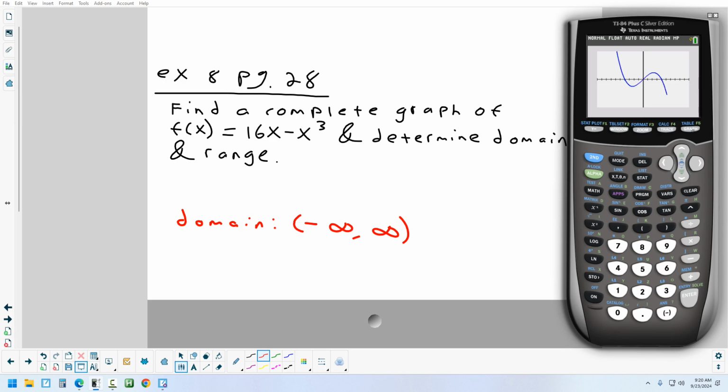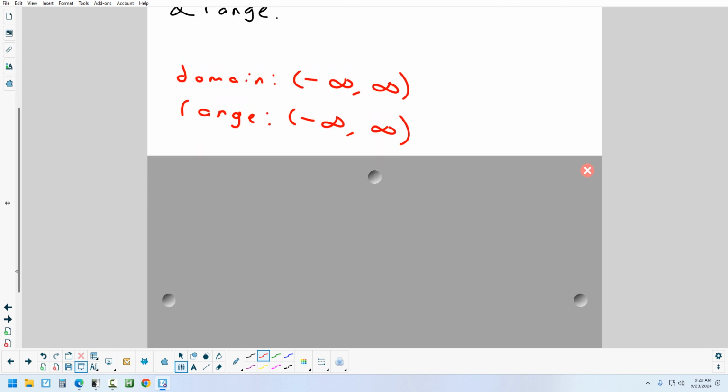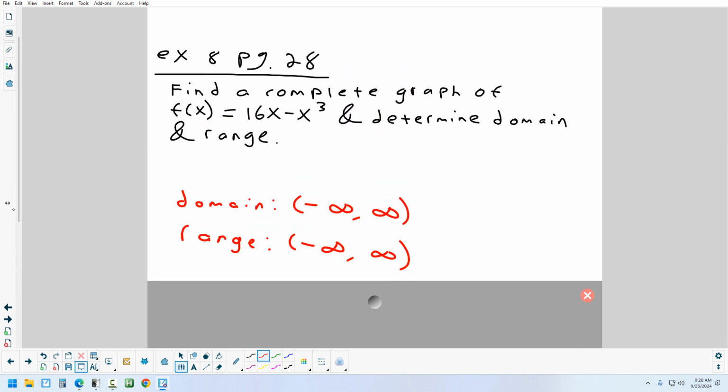But is that graph showing any signs of turning again? No. And it's not going to. It's just going to keep going up, and it's going to keep going down forever. So what do you think your range is? Your range is also negative infinity to infinity. Yep. Any question on that one?